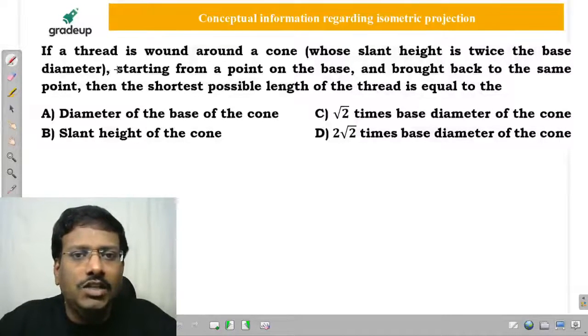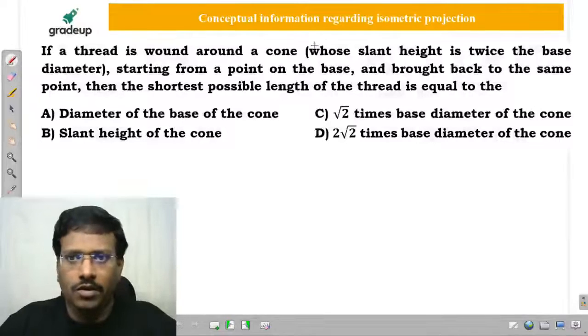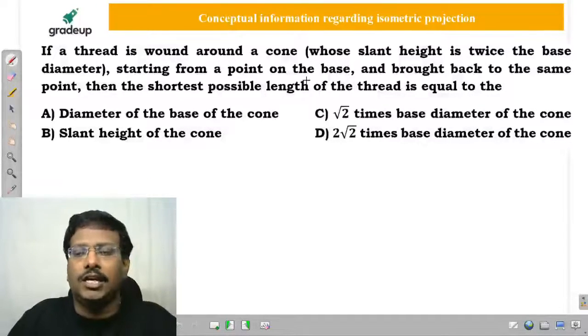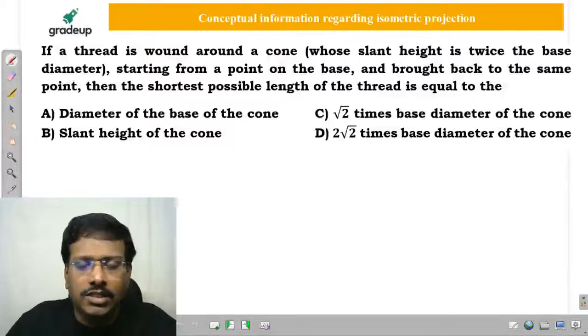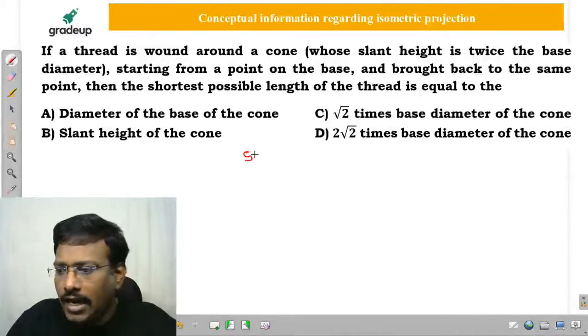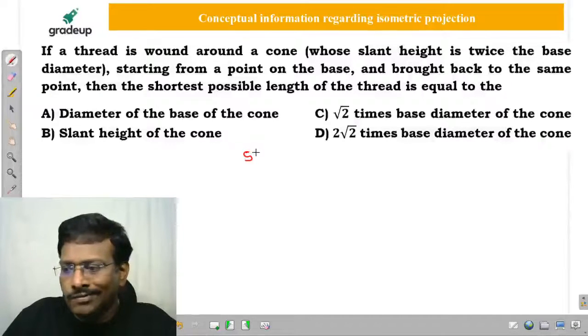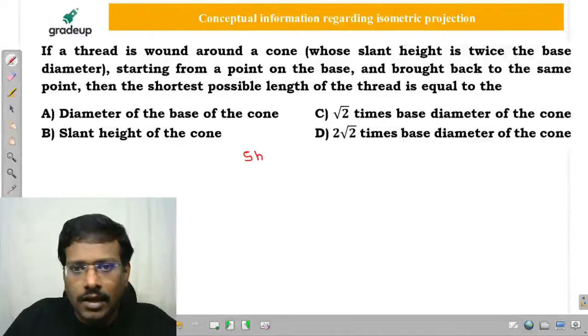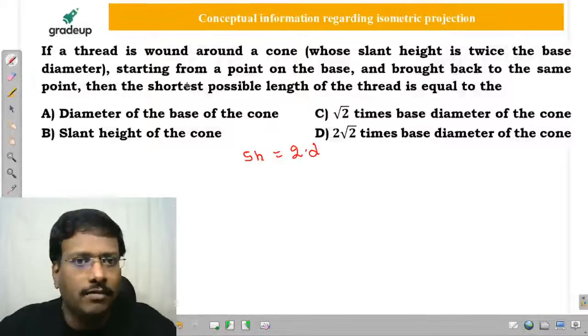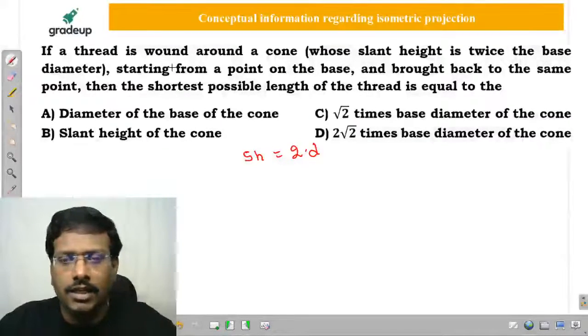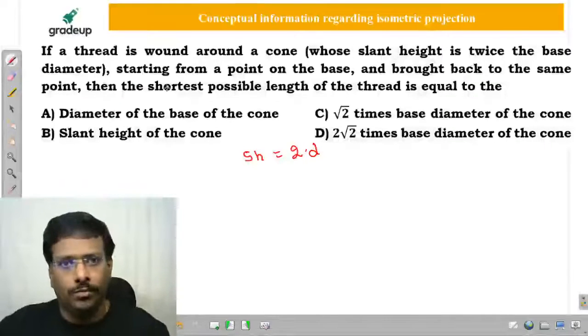If a thread is wound around the cone whose slant height is twice the diameter. Whose slant height? What information is given? Slant height is equal to twice the diameter. Twice the diameter means that is the characteristic of the cone.